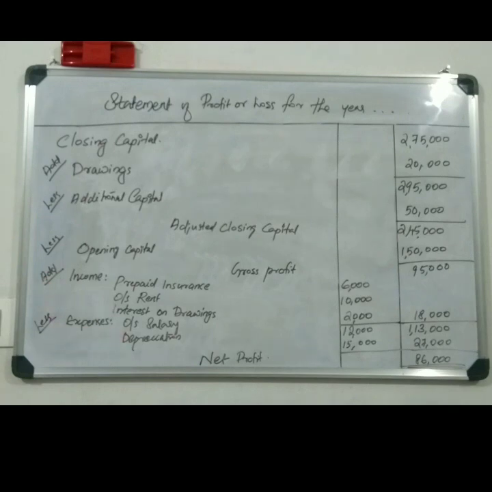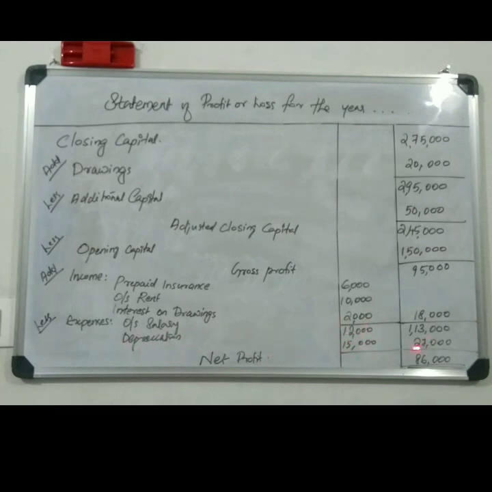So what are the expenses here? Salary due but not paid. That means outstanding salary. That should be paid, so 12,000. Then there is depreciation on machinery, that is 15,000 rupees. What is depreciation? It is the loss of value due to wear and tear. We are using the machinery and it is getting wear and tear, so the value is getting lost, which is 15,000 rupees.